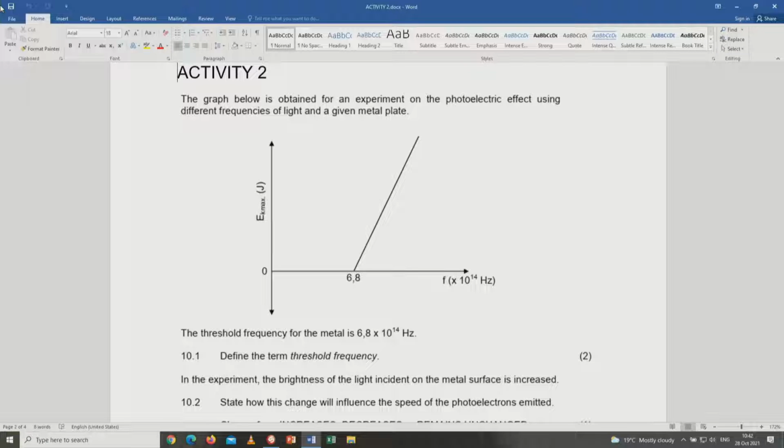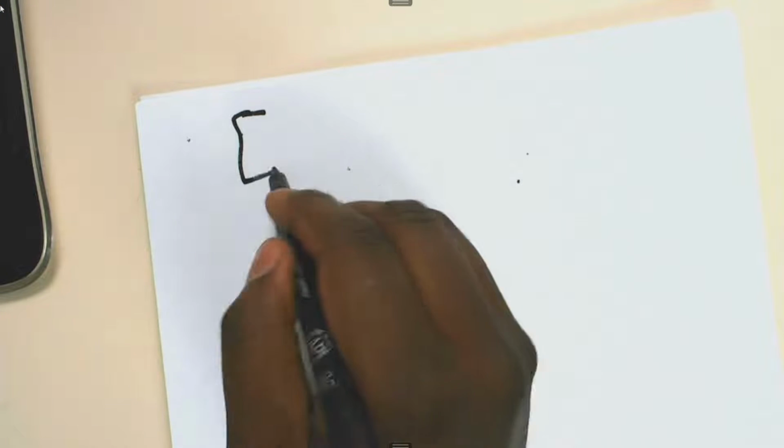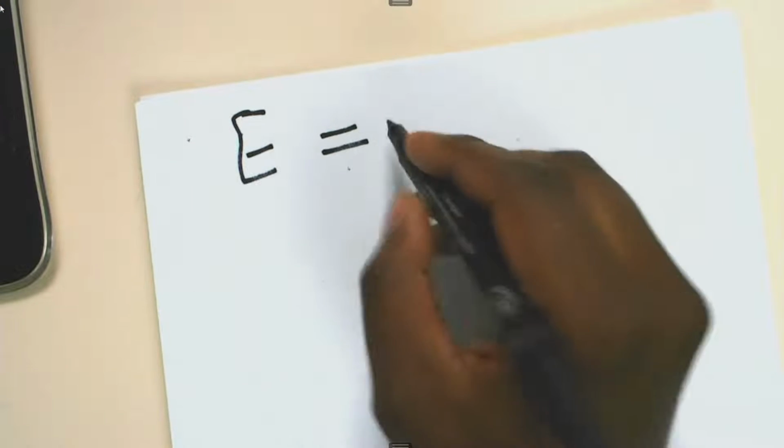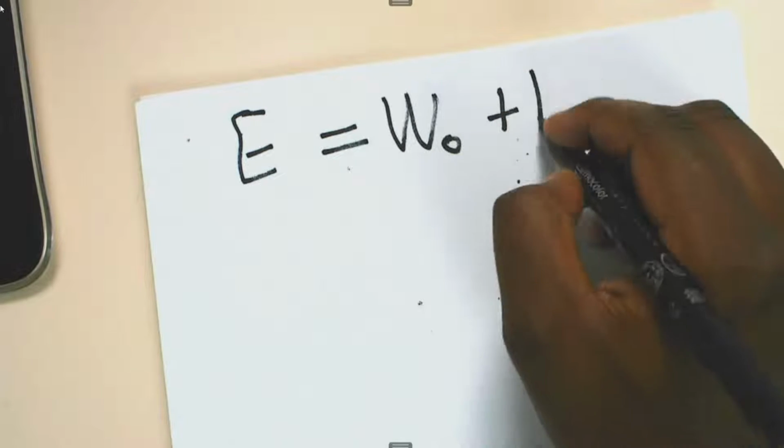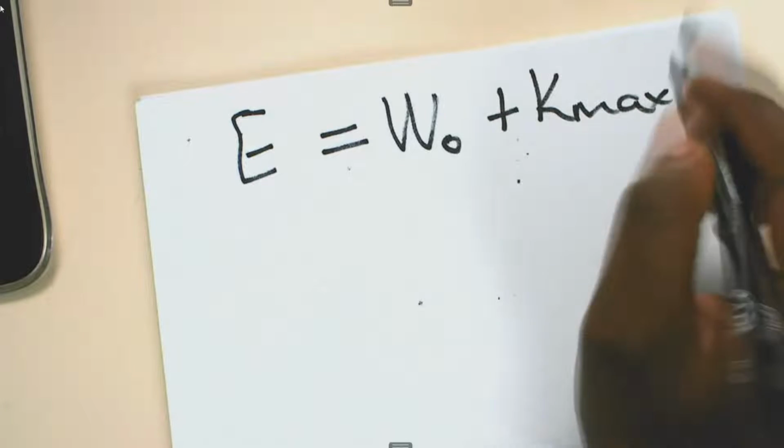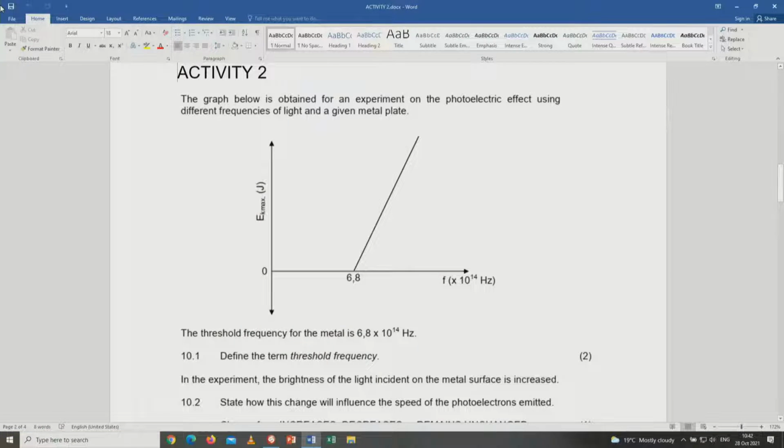Let us show that. The photoelectric effect formula is E equals work function plus kinetic energy max. Let us check the variables used here. We have kinetic energy on the y-axis, and we also have frequency, but we do not have frequency here, so we need to change this into the form of frequency, as you see it on the x-axis.